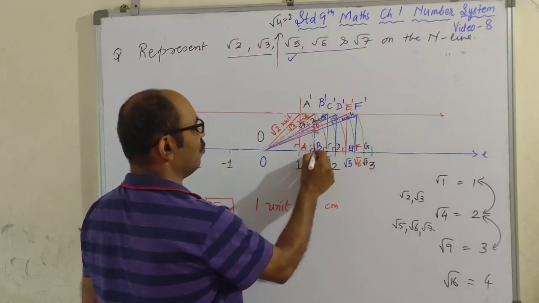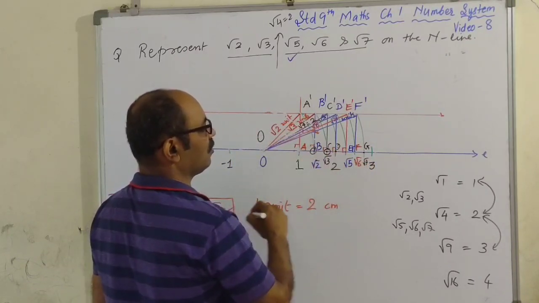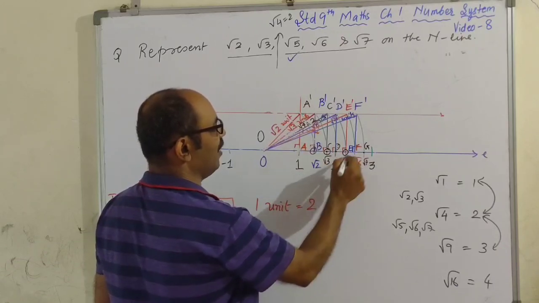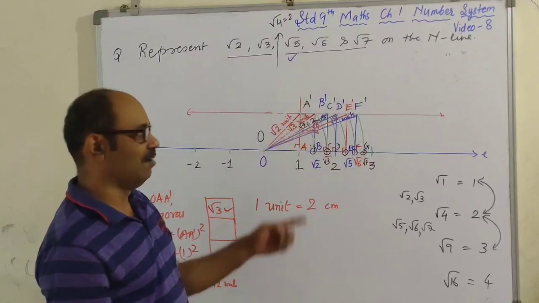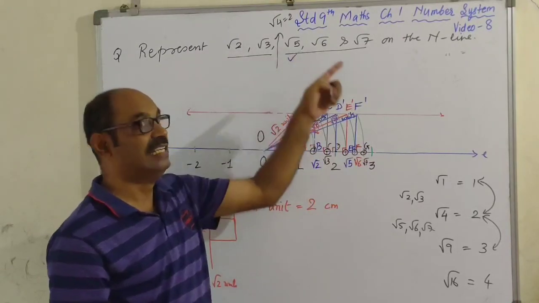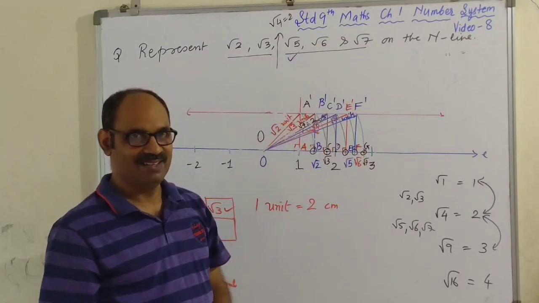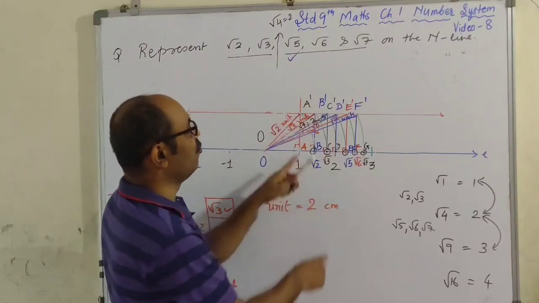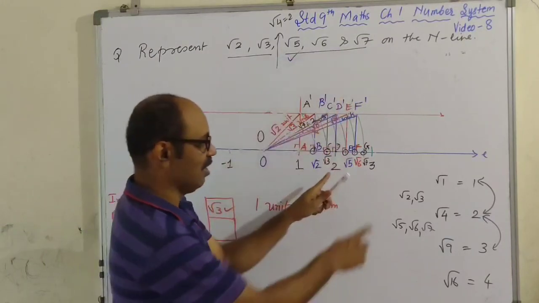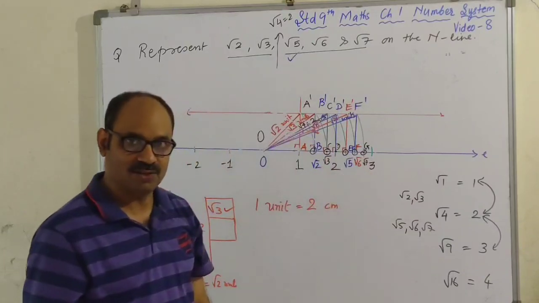So here is root 2. Here is root 3. Here is root 5. Root 6 and root 7. Those 5 points on the number line represent these irrational numbers, of which root 2 and root 3 are between 1 and 2. Root 5, root 6 and root 7 are between 2 and 3.